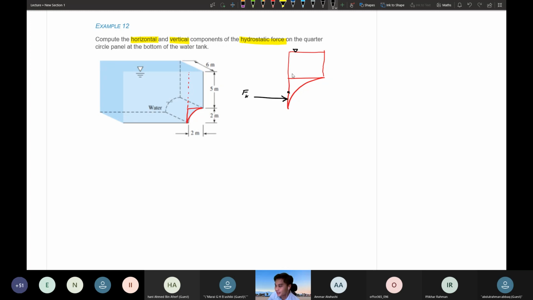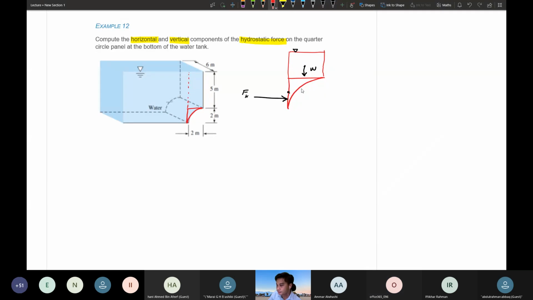So from here, let's say we have the weight, the weight of the liquid on top of this curved surface. Do we have any other forces? Force toward the curve, right?